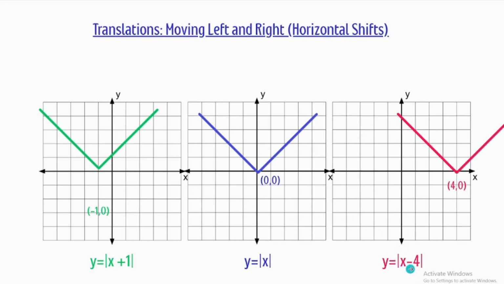When the change happens inside the function, the graph will do the opposite of what we put. If we subtract 4, we will add 4 here in the x-axis, and the vertex will be (4, 0). If we add 1, we will move the function 1 unit to the left, making the vertex (-1, 0).